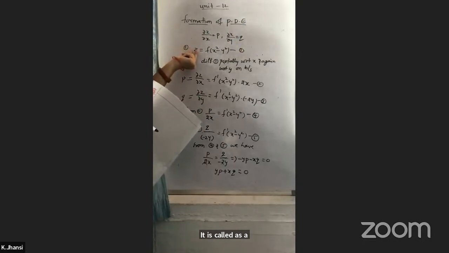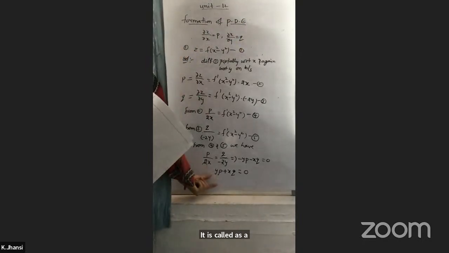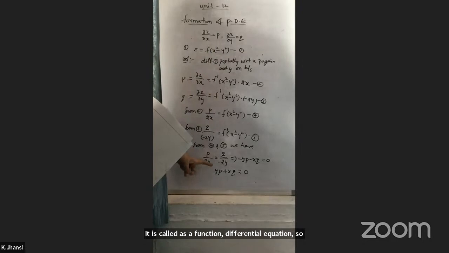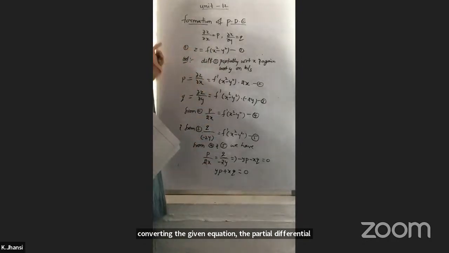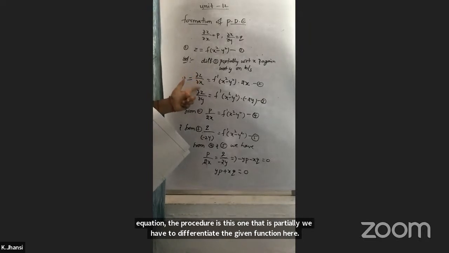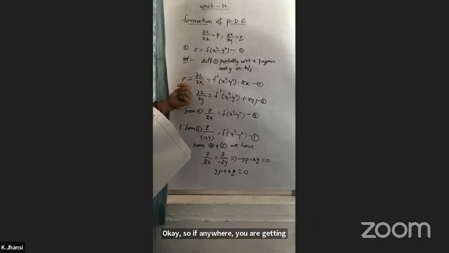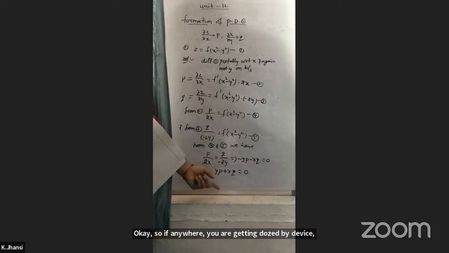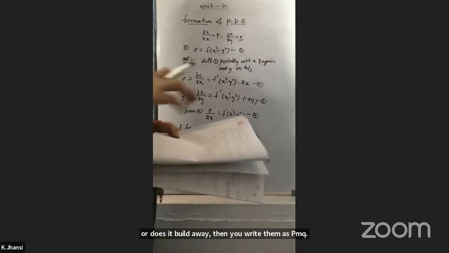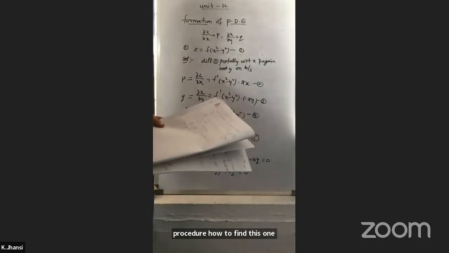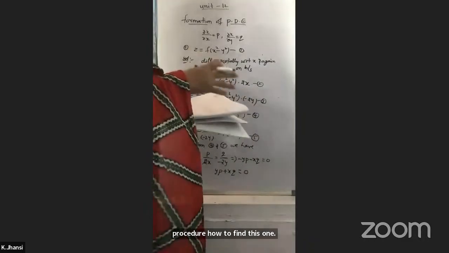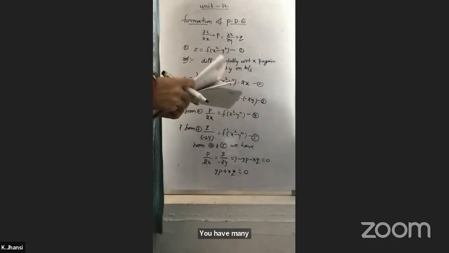So converting the given equation into the partial differential equation, the procedure is this one. That is, partially we have to differentiate the given function here. Okay, so if anywhere you are getting dou z by dou x or dou z by dou y, then you write them as p and q and then you convert this one. Okay, so I have told the procedure how to find this one. You have many examples and many problems are there. Okay, you see from there.